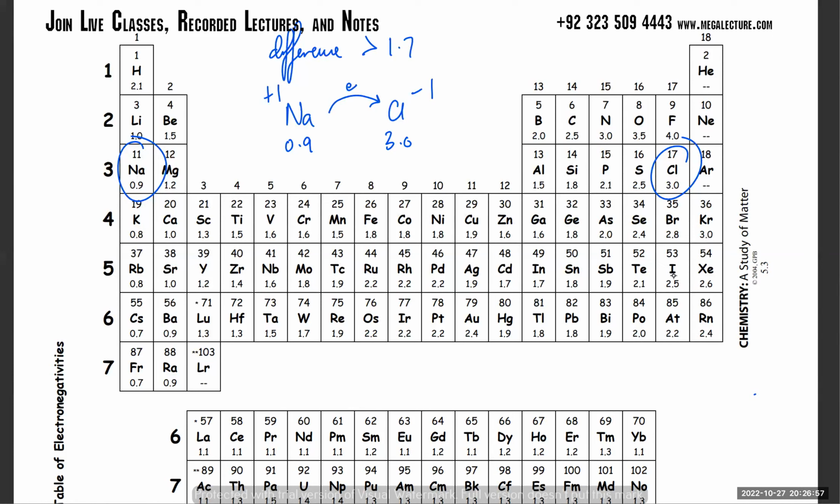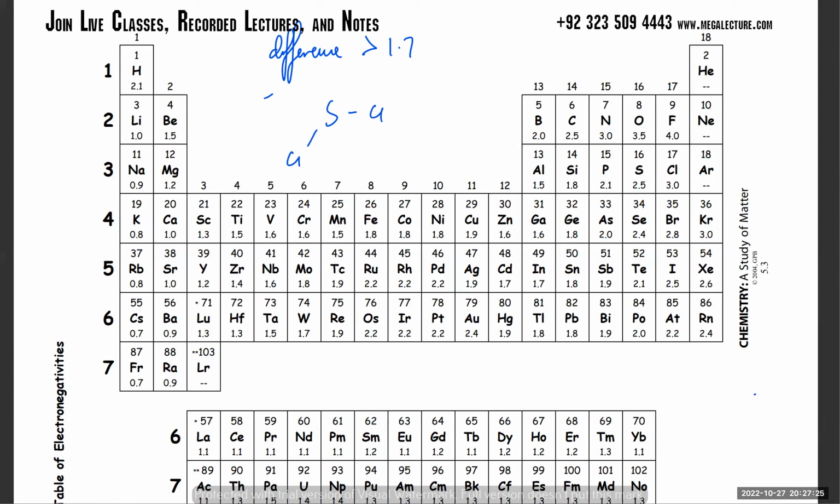Covalent molecules are when the electronegativity difference is less than 1.7. For example, if you talk about any bond, let's take a simple one: sulfur with chlorine.